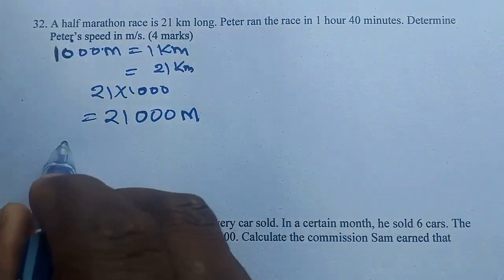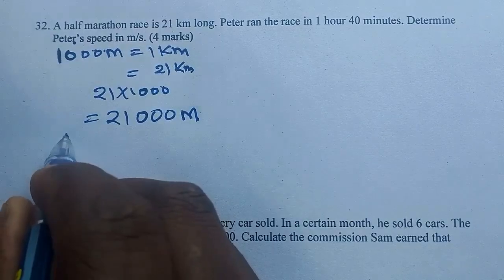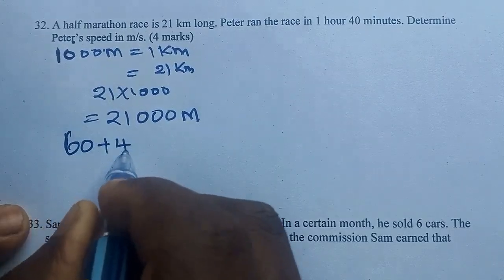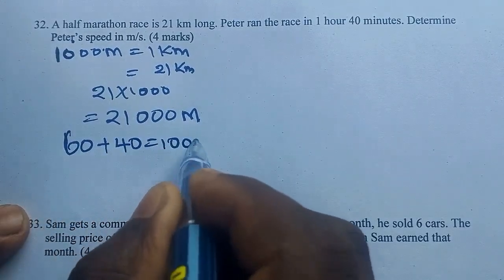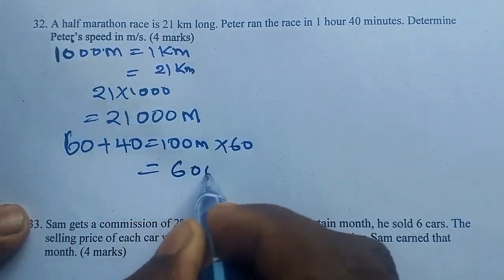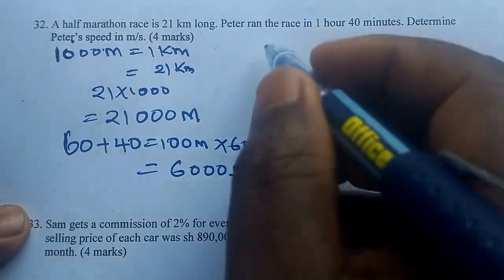Let's change time to seconds. 1 hour, which is 60 minutes, plus 40, that is 100 minutes, times 60 to seconds, that is 6,000 seconds.